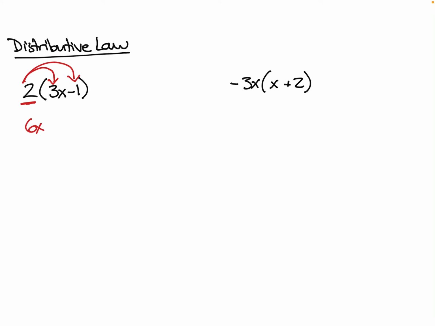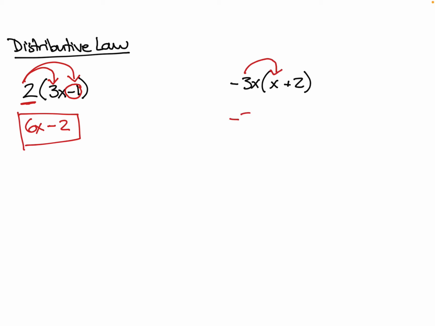On to the next one. We've got negative 3x, and we're going to multiply it first by the x. That's going to give us negative 3x squared. And then negative 3x times 2 gives us negative 6x. The only thing that I'll mention here that you need to watch out for would be a question like this.